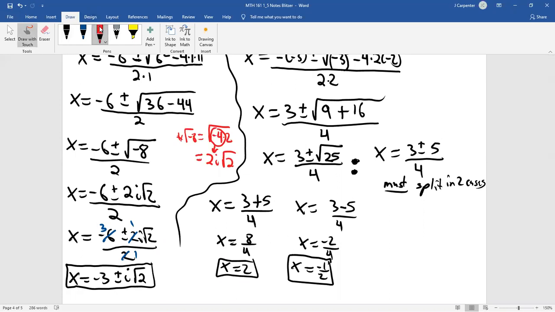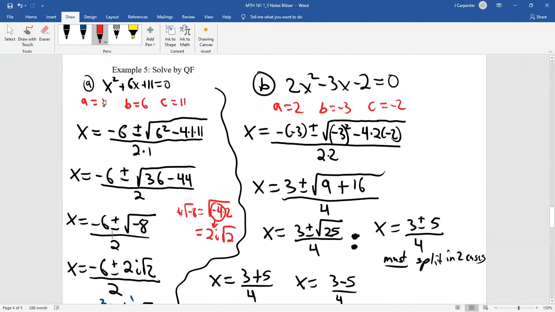What this means is no square root in the answer means the original problem was factorable via traditional factoring methods, the ones that we know. So A, if I told you to solve by factoring, you'd go, you're lying, Mr. Beckner, I don't know how to do that.